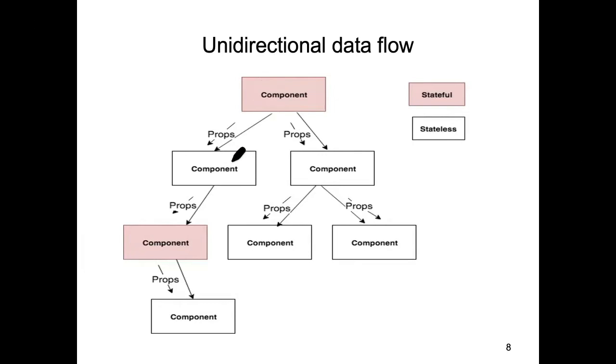Now, we don't know what this app displays on the screen, but it could be the case that when this component re-renders, it does some sort of computation, and based on that computation, it decides, I don't want this component to contribute anything to the UI. In other words, whatever this component displays on the UI and all of its children, I want that to disappear from the screen.